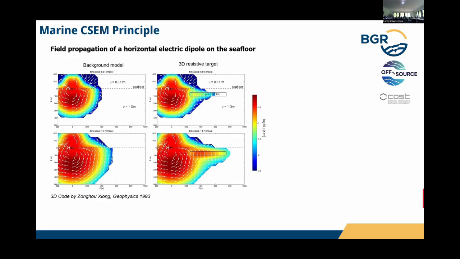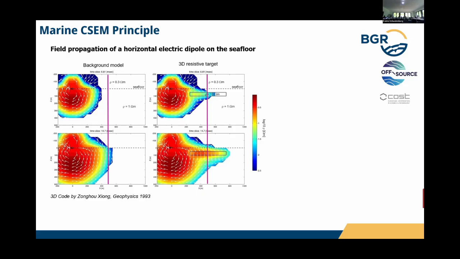That's what we call a background model without an anomaly. And here we have a resistive target layer. It's not a layer, it's actually a 3D structure, which has a resistivity of 10 ohm meters. It's more resistive. It could be a groundwater lens. I used that once for gas-hydrate studies at a deeper layer.